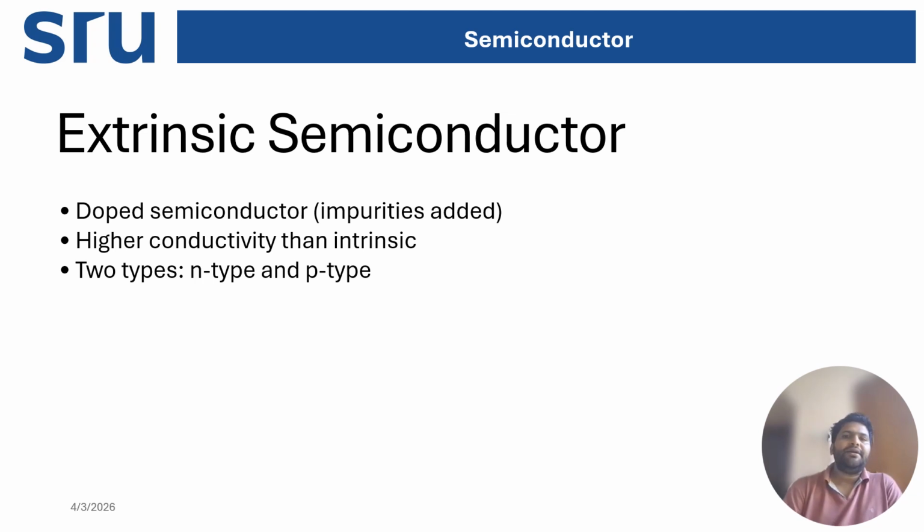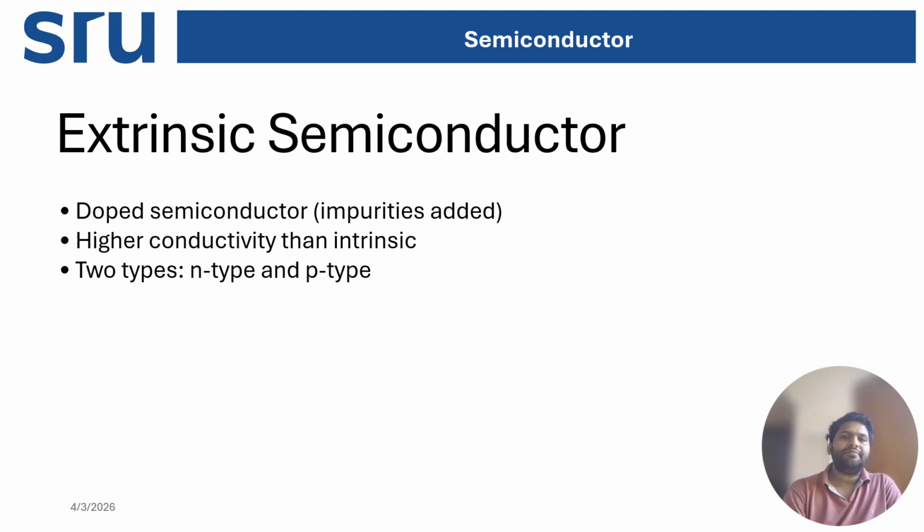When a pentavalent atom replaces a silicon atom in a crystal lattice, four of its electrons form covalent bonds with neighbor atoms, but the fifth electron is free. This extra free electron increases the conductivity of the N-type semiconductor.